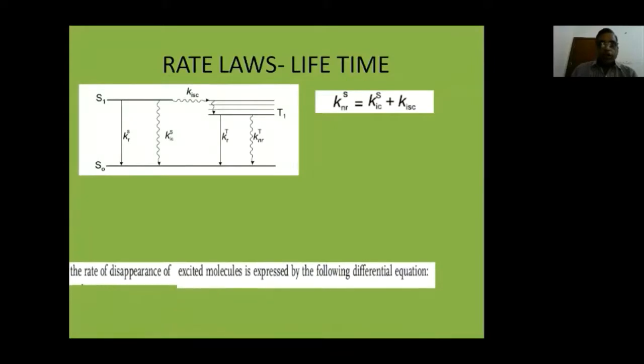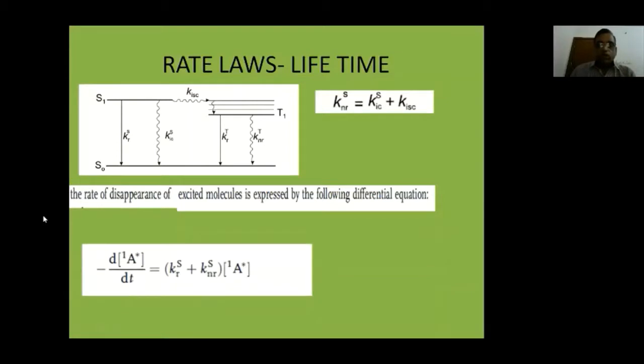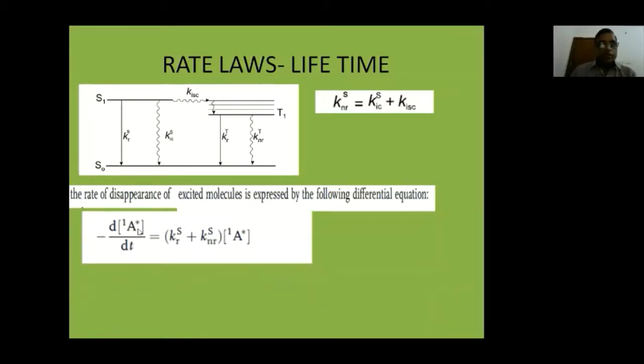Now, if you look at the rate of disappearance of the excited molecule, you can write it as the disappearance of the excited state of molecule A, which is equivalent to the rate constants of the radiative and non-radiative processes times the concentration of the excited state molecule. This is a rate law. And based on your kinetic expressions, the chemical kinetics that you studied, one can write down the rate law here.